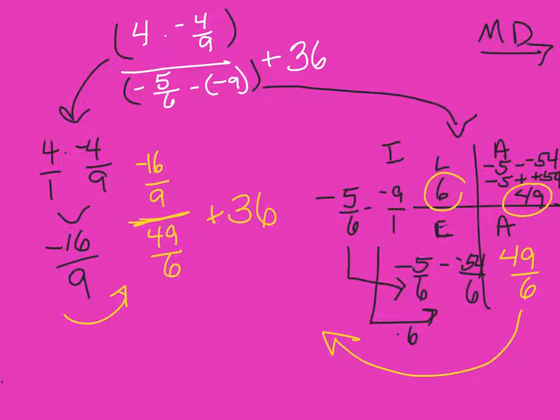And I am at this point going to rewrite this so that it's a little more readable. And I think to do that, I'm actually just going to go on to the next page. So I'm going to have negative 16 ninths divided by 49 sixths plus 36.